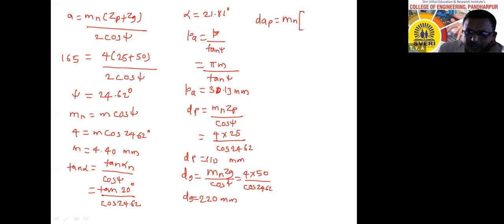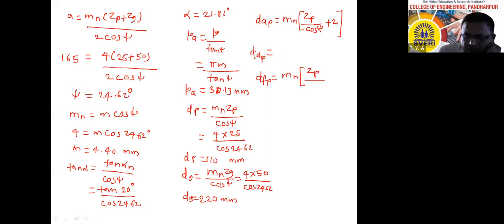MN into bracket ZP upon cos psi plus 2. Calculate DAP. Similarly, DFP. MN into bracket ZP upon cos psi minus 2.5.